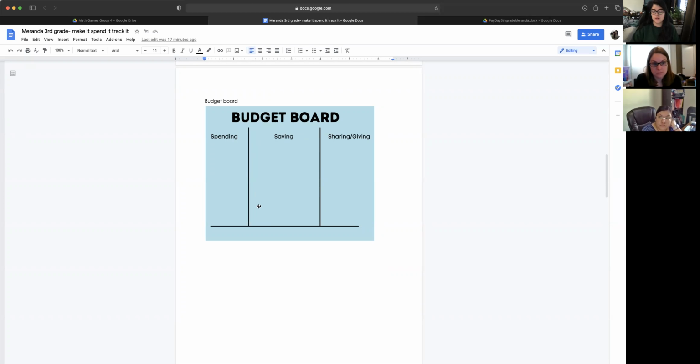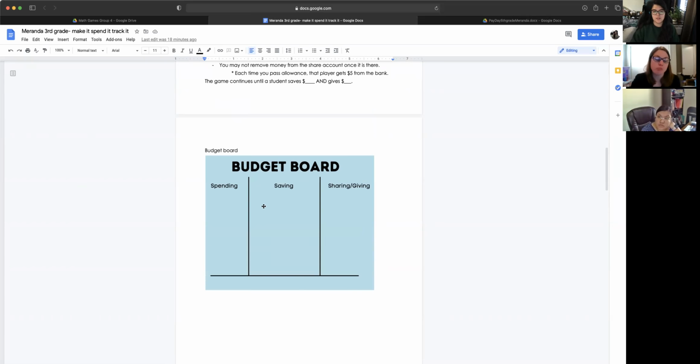For example, if you set the saving goal of $25 and they reach that, then they just have to move on to the sharing or giving amount that you set, and then they'll be able to show you that they won, and you can track whether or not they correctly added or subtracted their money. So this is another way to check for their understanding as well.